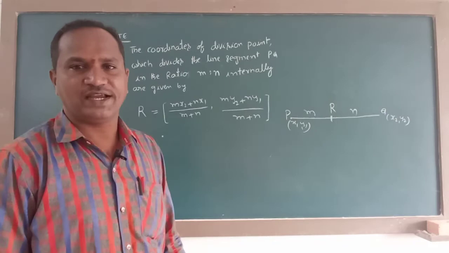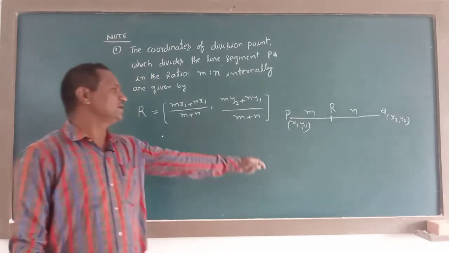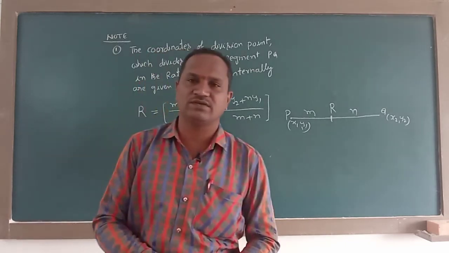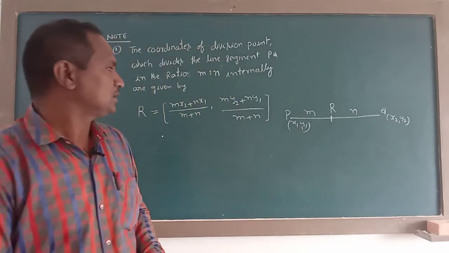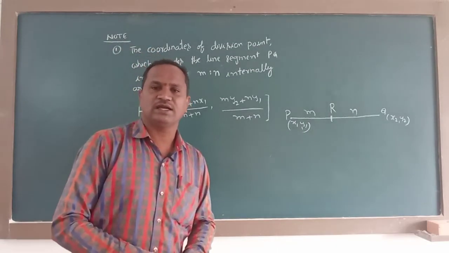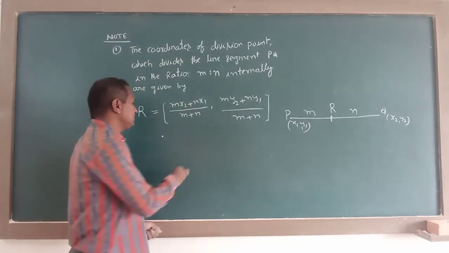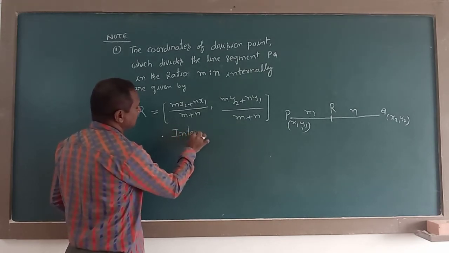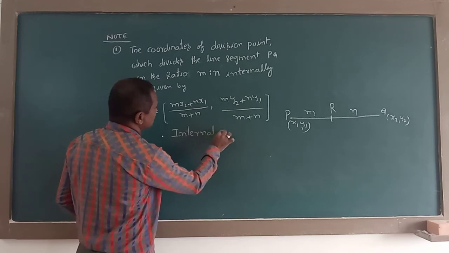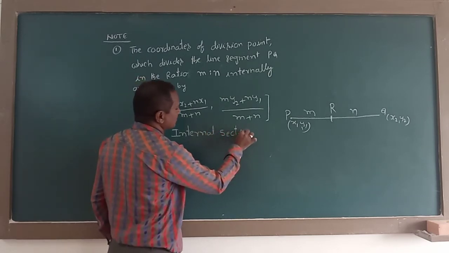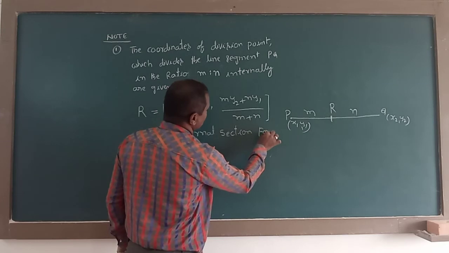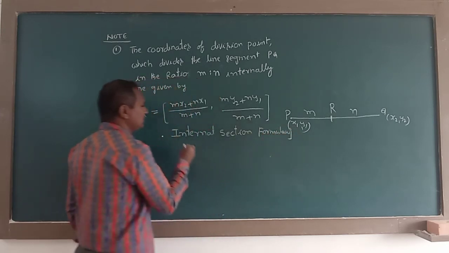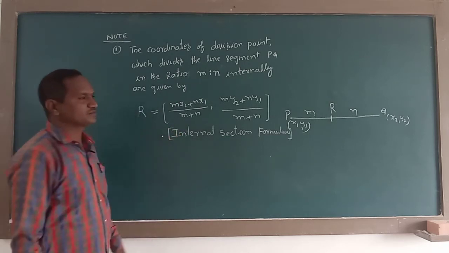To find the coordinates of R, we have to apply this formula: (mx2 plus nx1) whole divided by (m plus n), comma, (my2 plus ny1) whole divided by (m plus n). This formula is called the internal section formula.